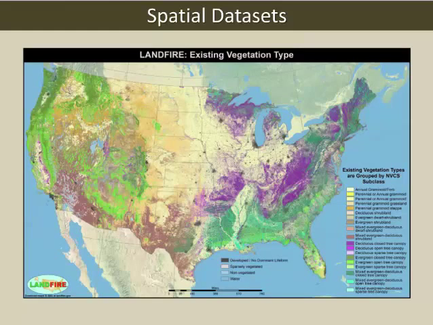All right, I wanted to show you some of these maps just so you can get a flavor of the data. Here's LANDFIRE's existing vegetation type data, and a couple things to point out. You notice that there aren't state lines in the data set. Obviously, I've got the state boundaries up there, just to illustrate that the data doesn't stop at a boundary.